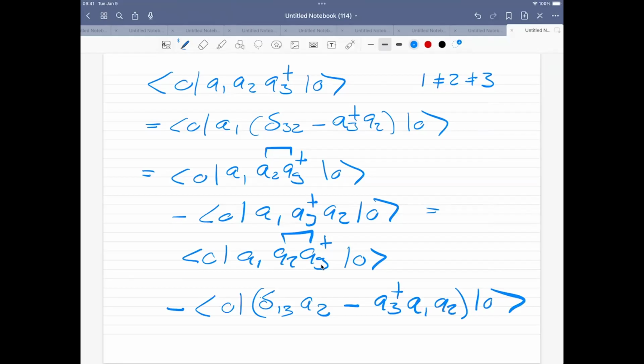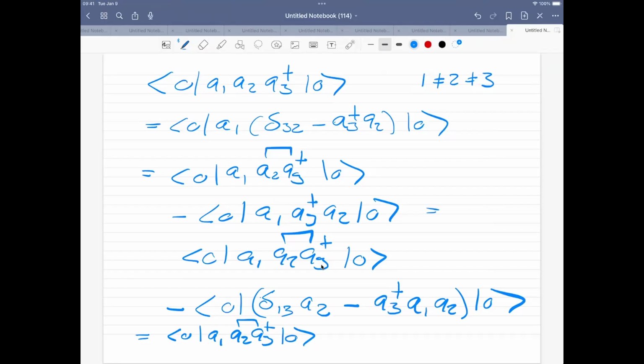So if I now look at these calculations, what I will get is the following. I'm going to get <0|A1 A2† A3. These contractions are defined between a creation and annihilation operator. So even if I didn't have this contraction, I would have A1 acting on the vacuum state, which is 0.